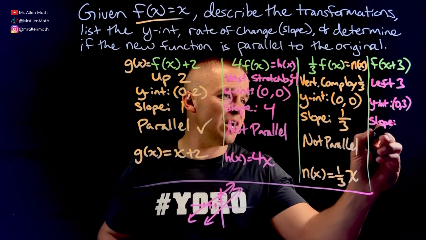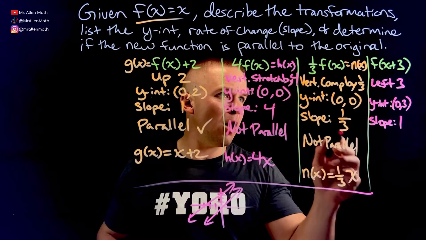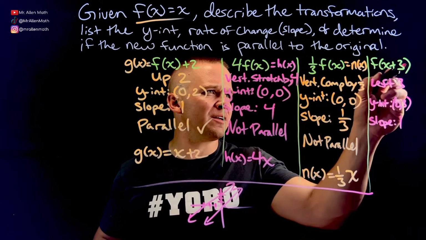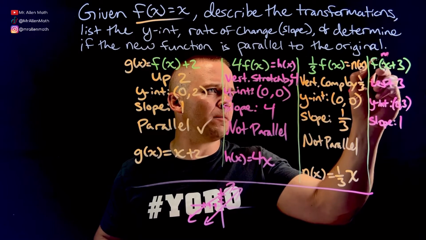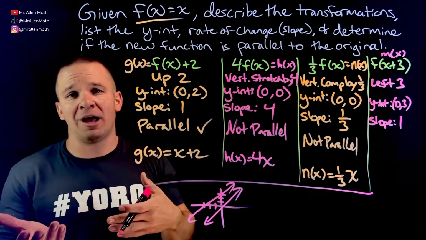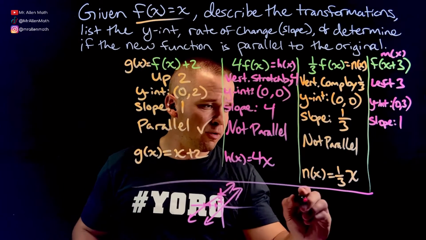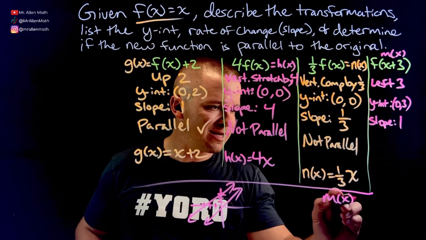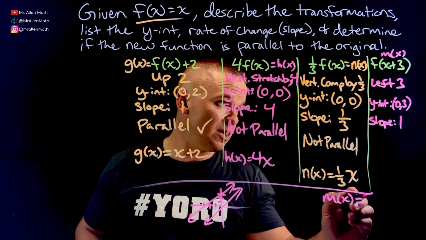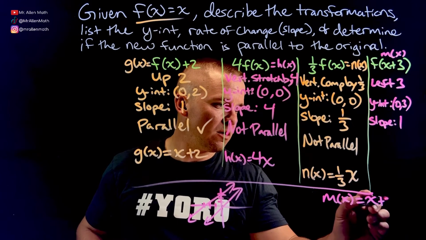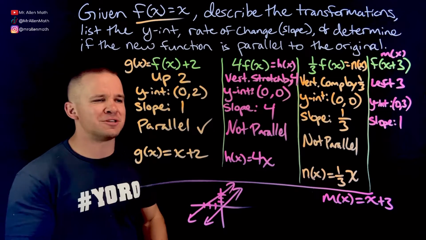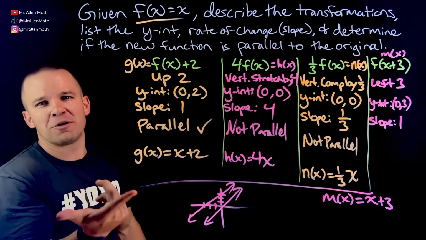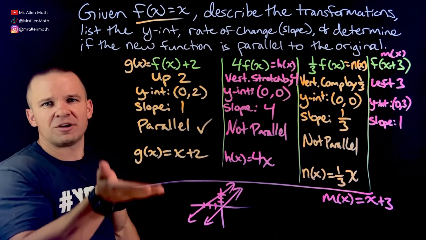How about my slope? Slope doesn't change for this one, so it's still 1. We'll call this one m of x. I don't know why I went n first and then m. M of x is equal to x plus 3. It's interesting. With linear equations, it looks almost like a vertical shift up 3.